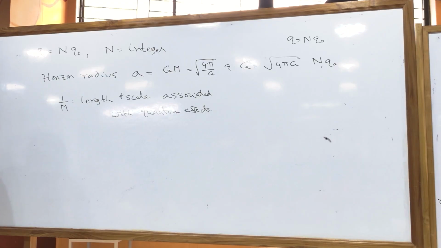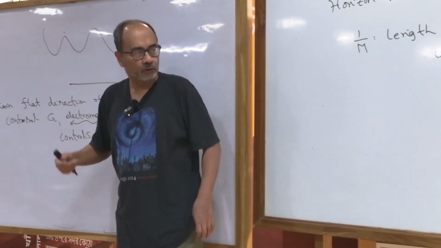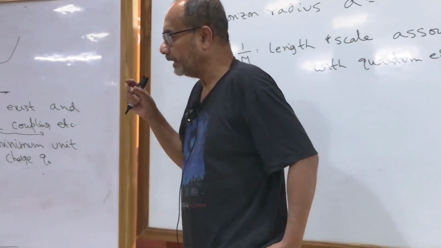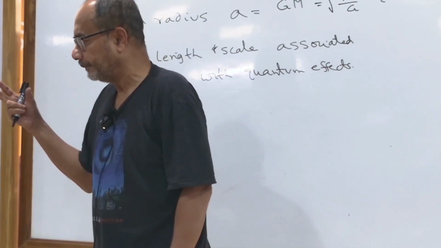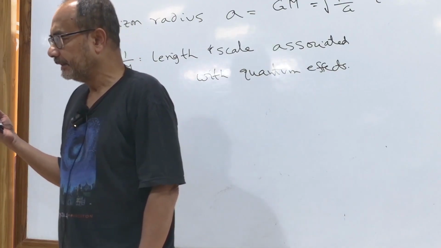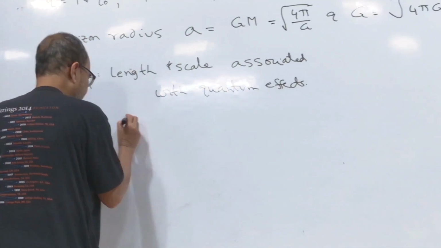So, we want to make the position as localized as possible, but not give it too much momentum, because then the particle will fly off. This is the length scale over which you can localize a particle of mass m for a time scale of order 1 over m, because 1 over m is also the time.